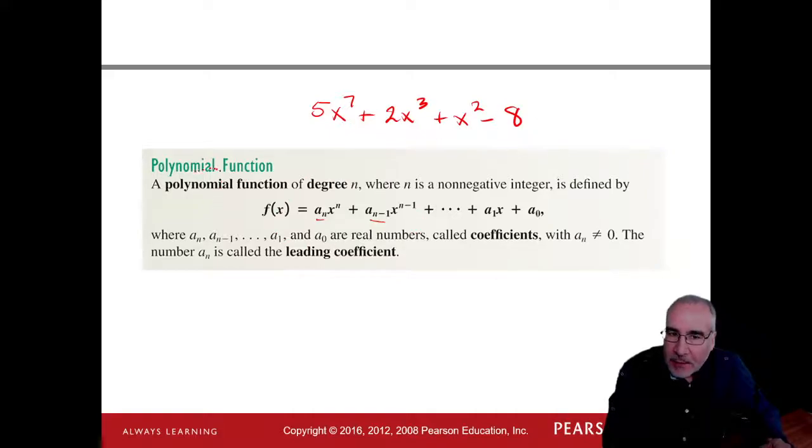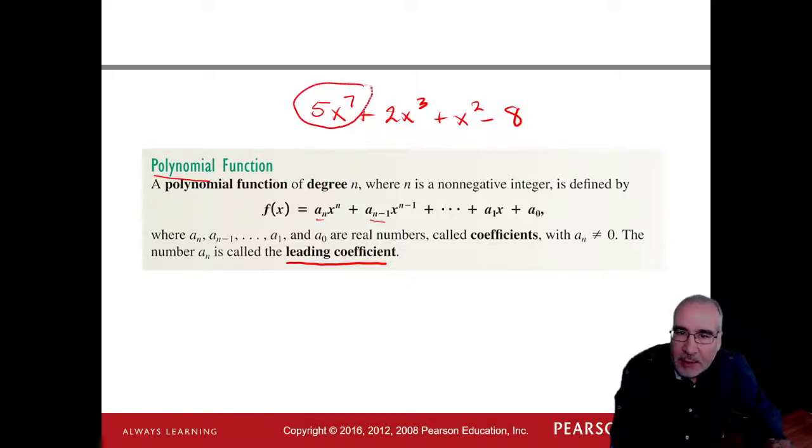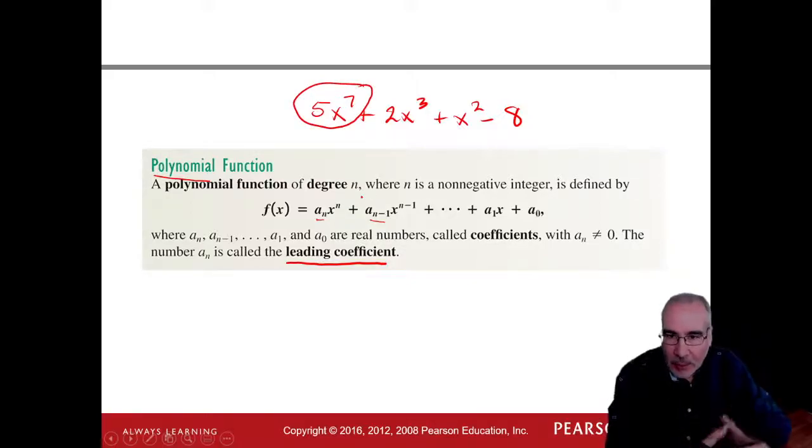When we have a polynomial, the exponents will all be integers. Actually, they'll be positive integers. And these numbers in front will be real numbers. We look at the leading coefficient oftentimes, and actually we look at the leading term, the term with the largest exponent, because that tells us how the graph looks, the behavior of this particular function.